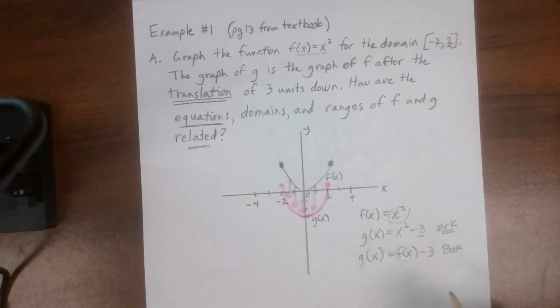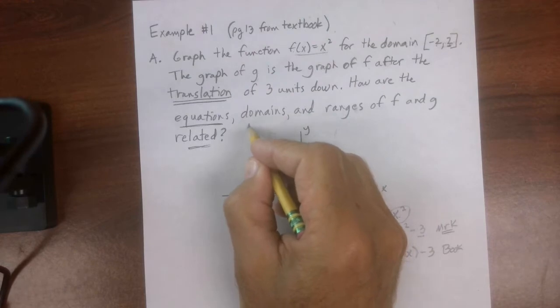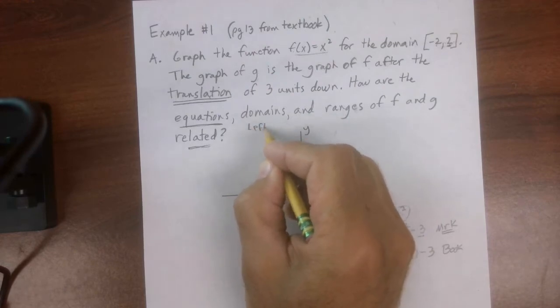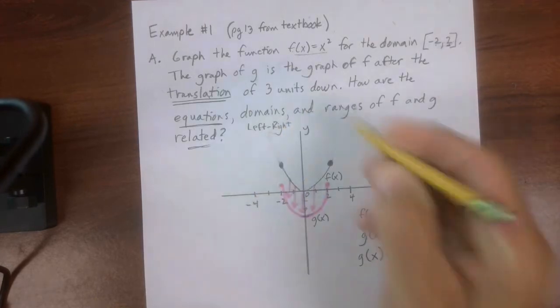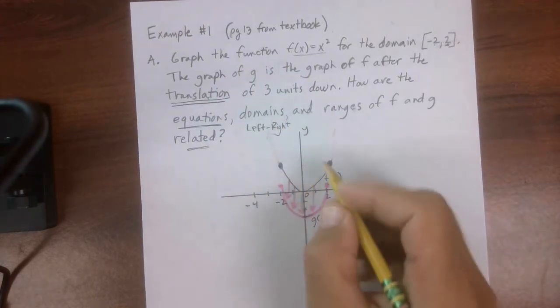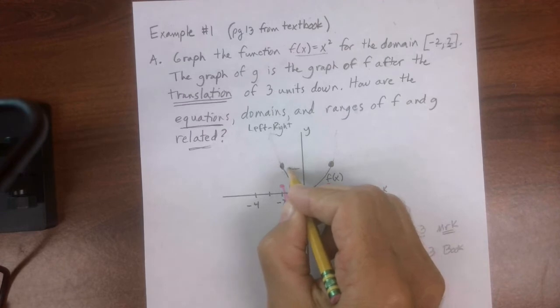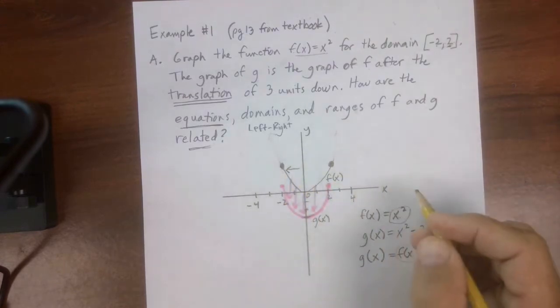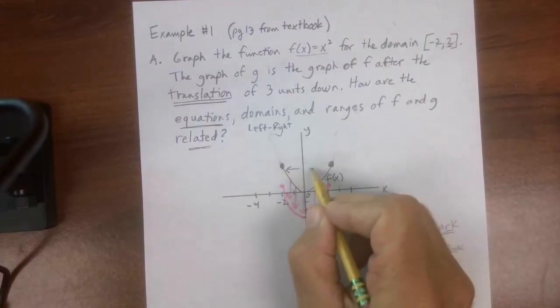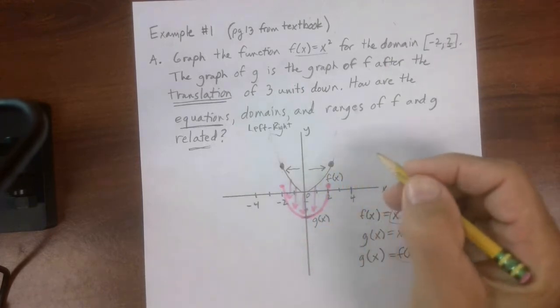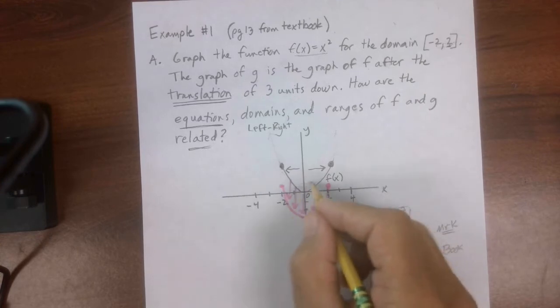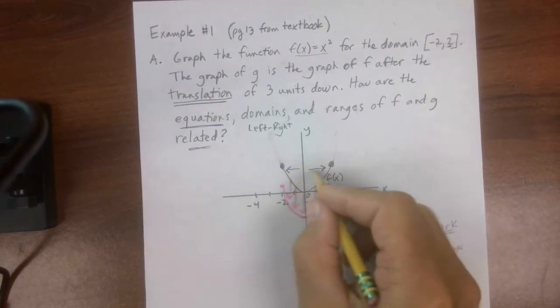Now what about the domains? Well, don't forget, domain means how far left and how far right do they go? Well, if you notice, the original f of x goes to -2 from the left, and it goes to the right to 2. So we're talking about the x values, not how high it is. We're talking about the x values.